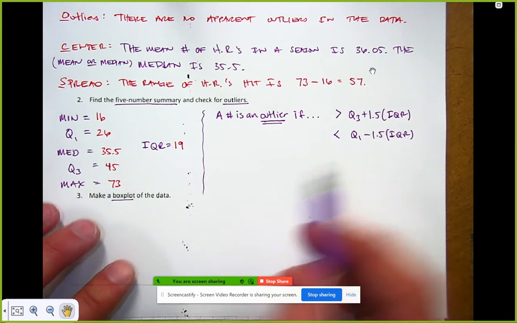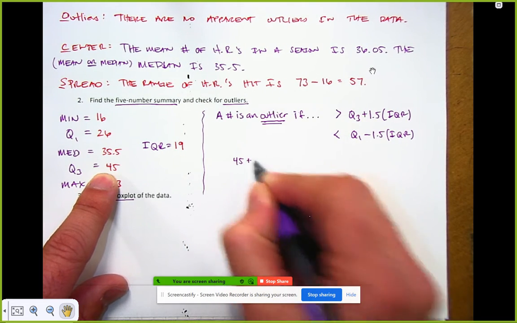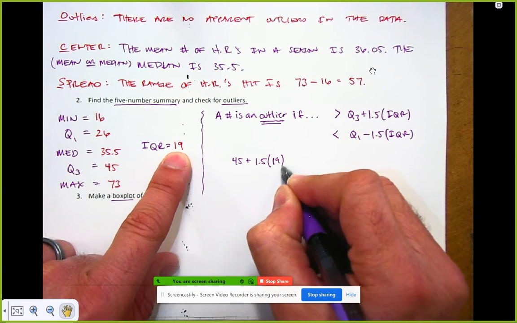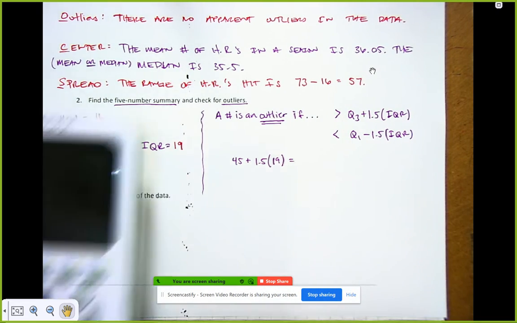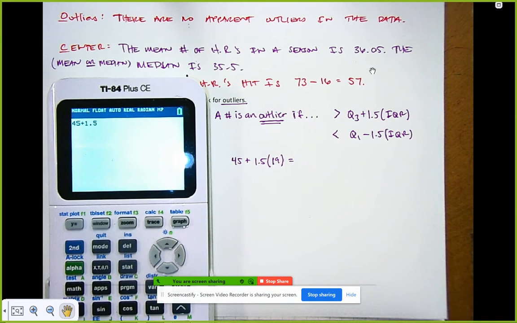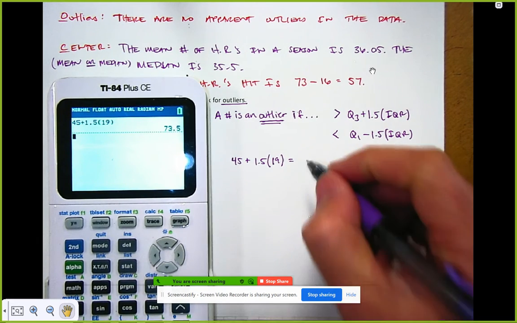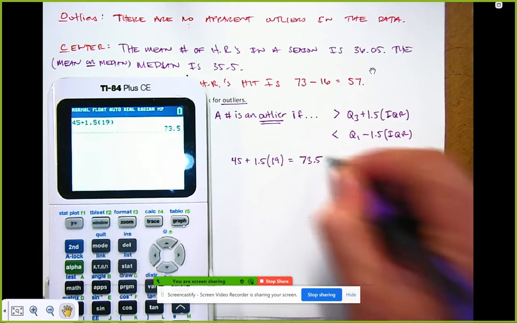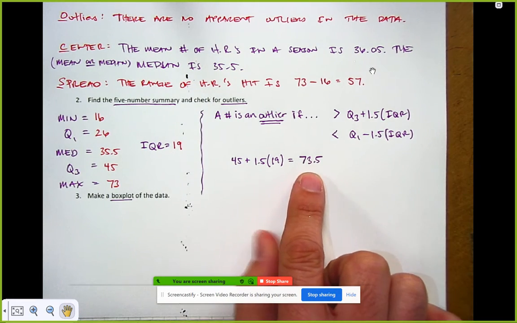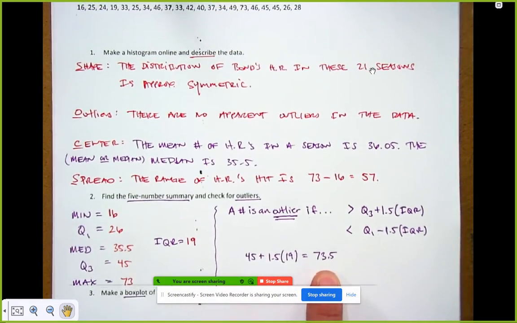Okay, so let's find the first one. If we do quartile 3, 45, and I add 1.5 times the IQR of 19, I grab my calculator and I write 45 plus 1.5 times the IQR. All of those numbers were given to me. I get a value of 73.5. So that is checking for an outlier on the high end. Well, let's look up here at our data.